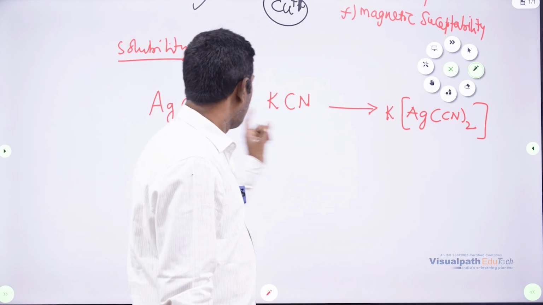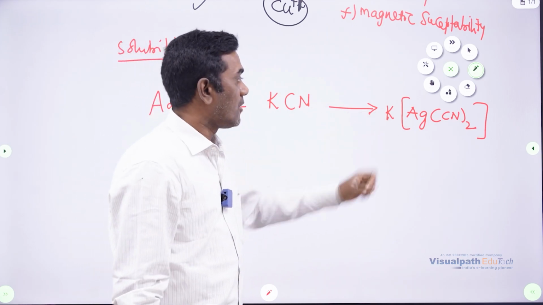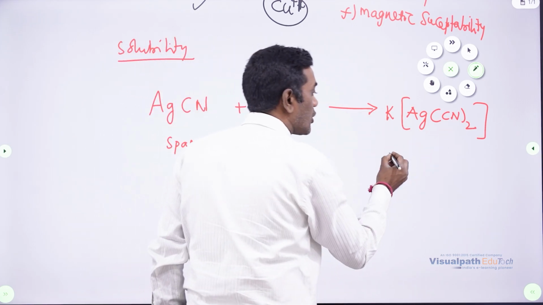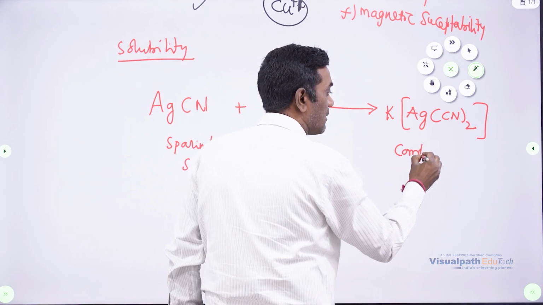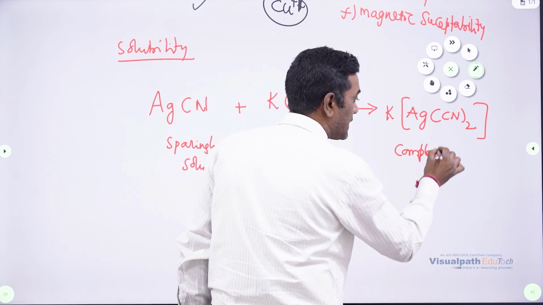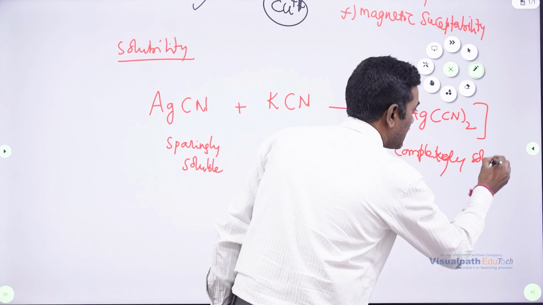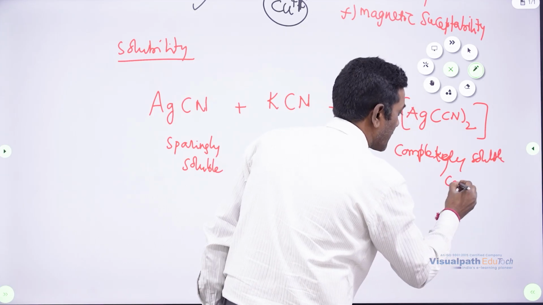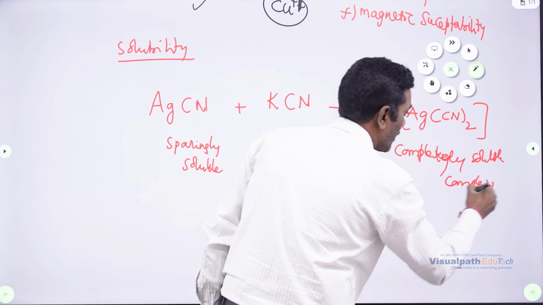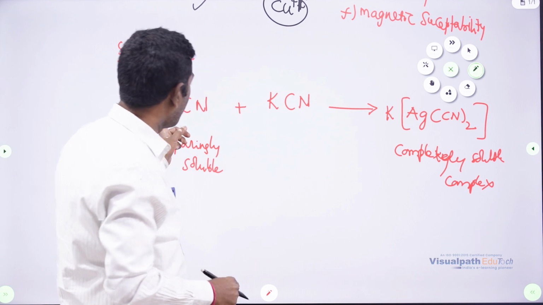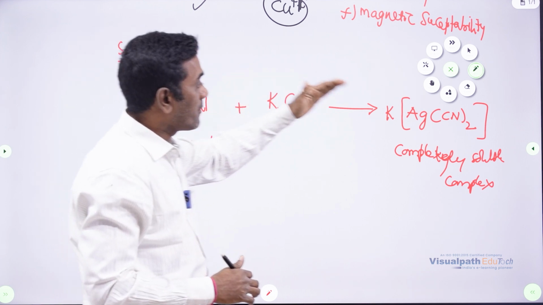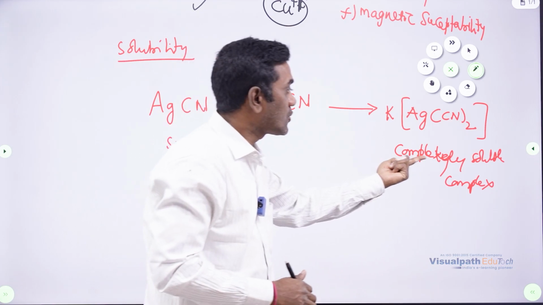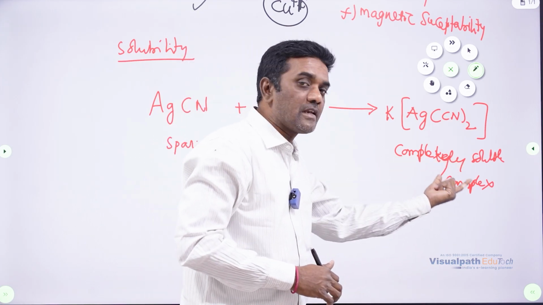Once this complex is formed, it is a completely soluble complex. So what we have to understand here is that the sparingly soluble AgCN, after formation of complex, gives you a completely soluble complex.